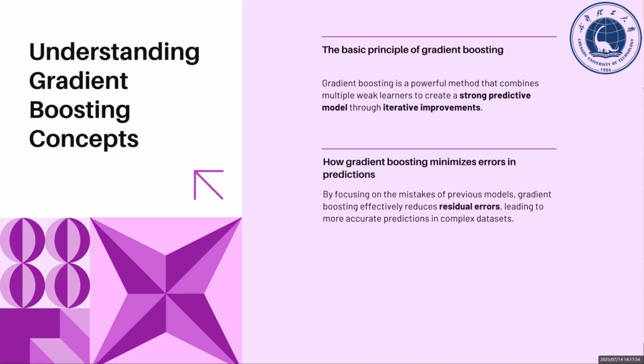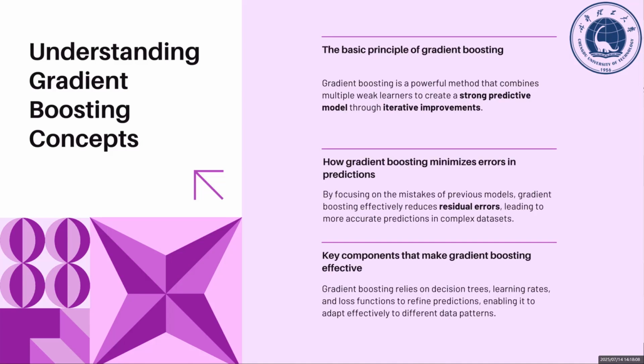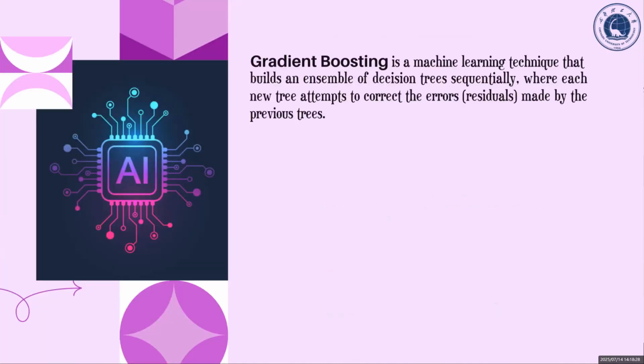Gradient boosting minimizes errors in prediction by focusing on the mistakes of previous models and effectively reducing the residual errors, leading to more accurate prediction in complex datasets. Key components that make gradient boosting effective are its reliance on decision trees, learning rates, and loss functions to help refine prediction, enabling it to adapt effectively to different data patterns.